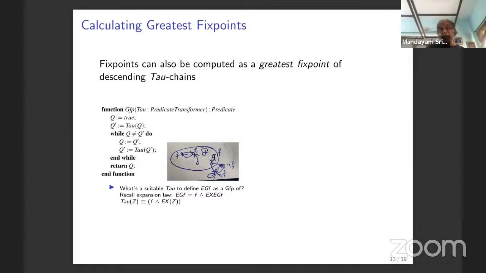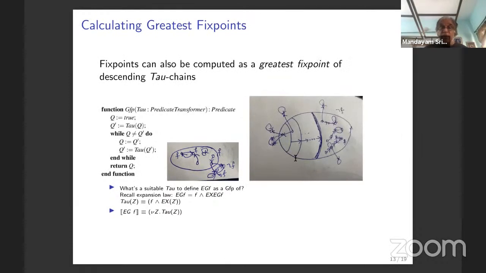It's an F state, but in one step it leads to something which is outside of F. That is the one that you will have to remove. And that's what you do in your cleaning iteration. In each step, you are eliminating things that are violating this constraint of EX of Z.